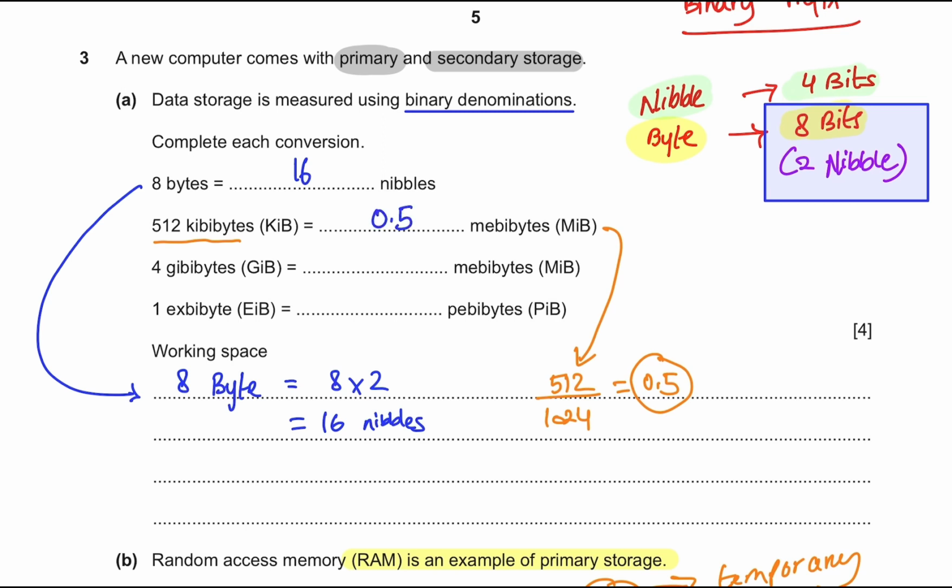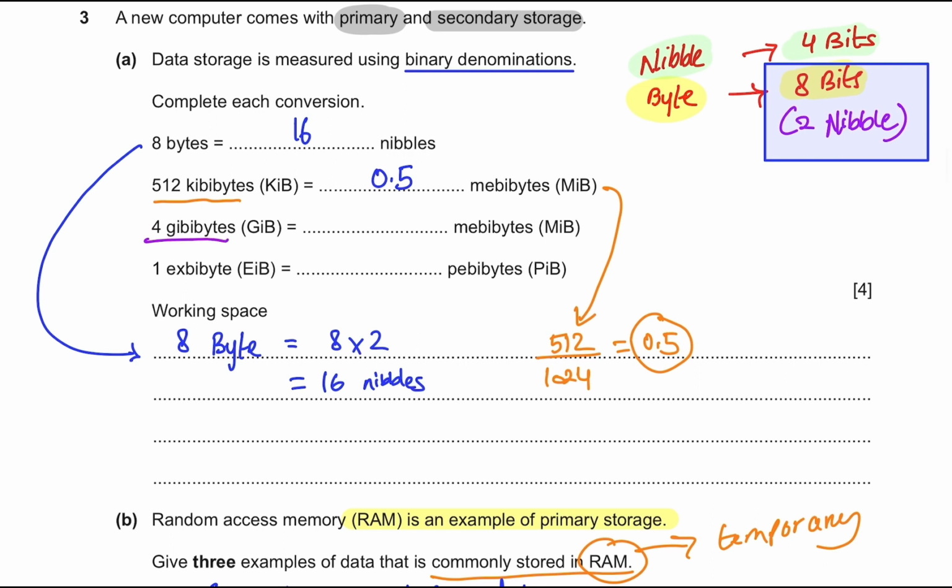Similarly, for the third one, 4 gigabytes into dash megabytes, you need to show the working. To convert 4 gigabytes, you need to multiply. Before we divided by 1024, now we will multiply.